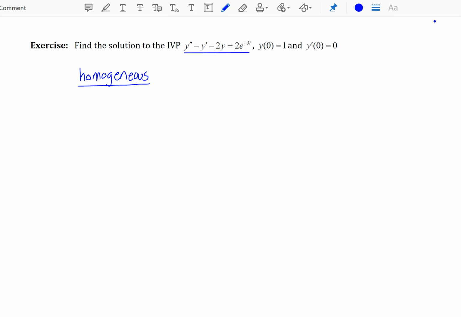So our homogeneous DE will look like y double prime minus y prime minus 2y equals 0. Which you're probably jumping right to your characteristic equation.